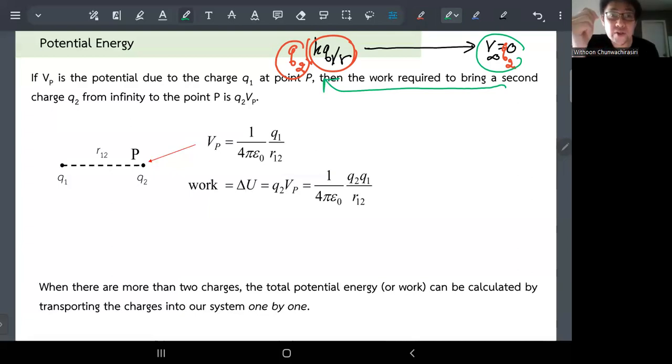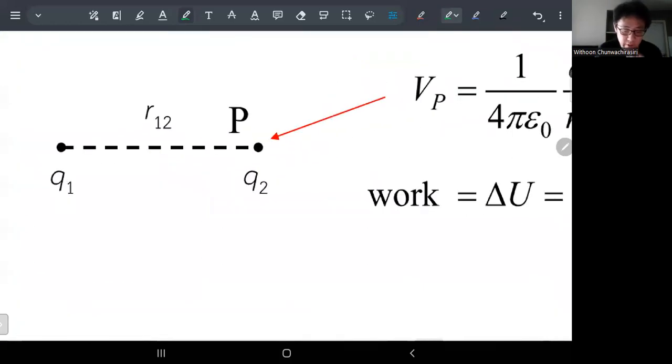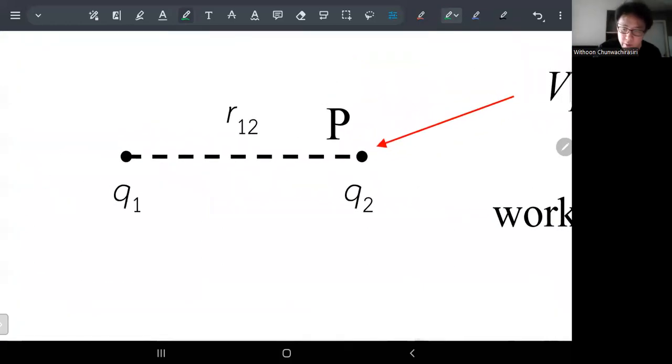That is the amount of energy that is required for you to bring in the charge Q2 from so far away and place it at the location of the potential KQ1 over R. Okay, start again, right? If you're still confused, think of it this way. Look at this figure over here. At first, you have Q1 waiting.